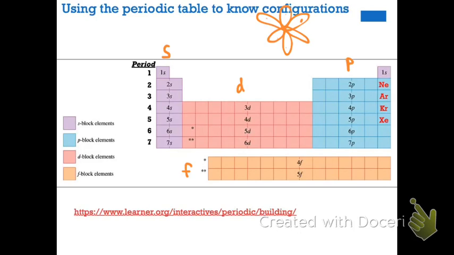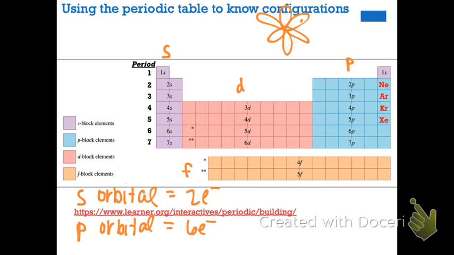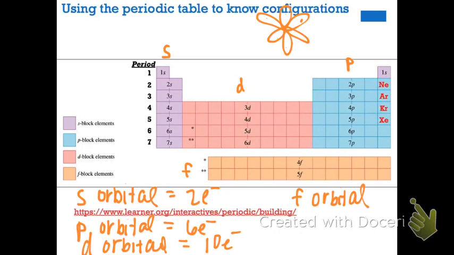Okay. So if you go by those orbital shapes, the s orbital can hold 2 electrons. The p orbital can hold a total of 6. The d orbital can hold a total of 10. And the f orbital can hold a total of 14 electrons.